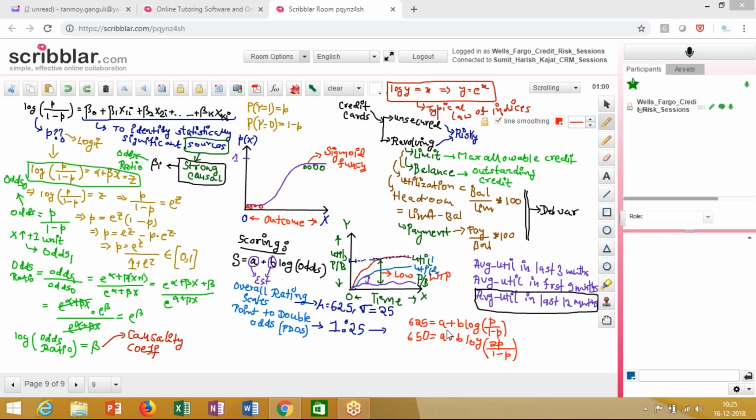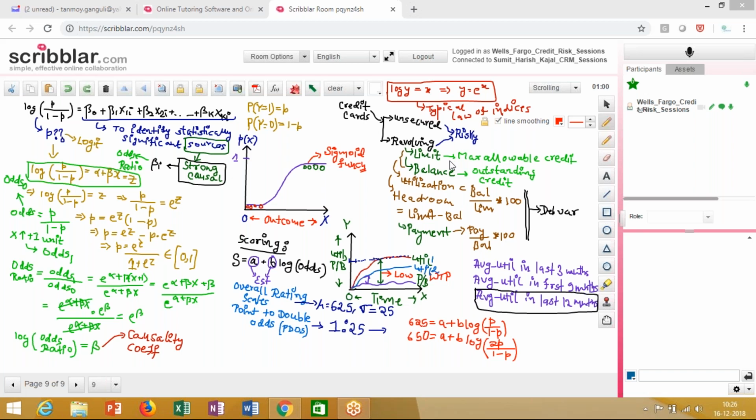Yeah, Tanmay, I have a question. Yeah, tell me. In the point to double odds, we have 625, and we have score equals a plus b log of p by 1 minus p. Similarly, if you want to build a point to double odds table, from 625 to 650, 650 to 675, will the log of odds become 4p, 4 of log of odds?